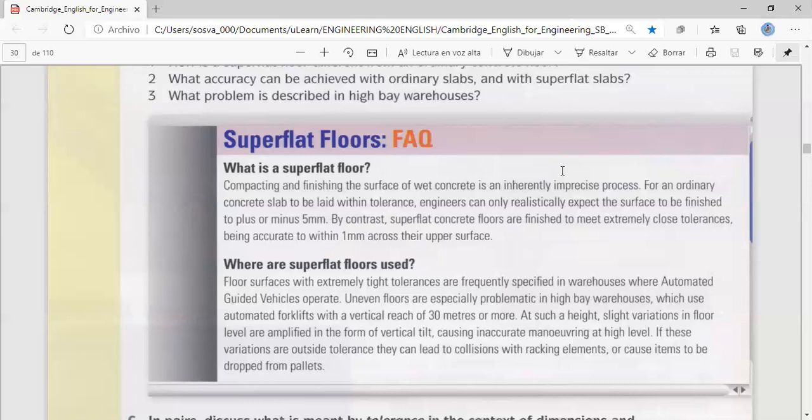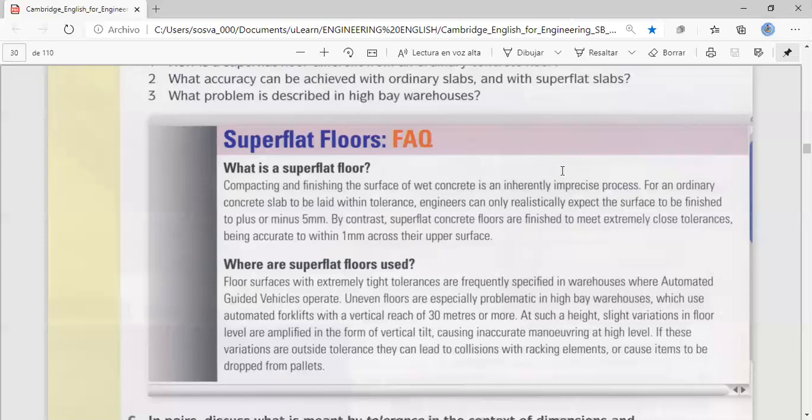So could you please help me by reading the paragraph aloud? Floor surfaces with extremely tight tolerance are frequently specified in warehouses where automated guided vehicles operate, like lift trucks and stuff like that. However, floors are especially problematic in warehouses which use automated forklifts with a vertical reach of 30 meters or more.